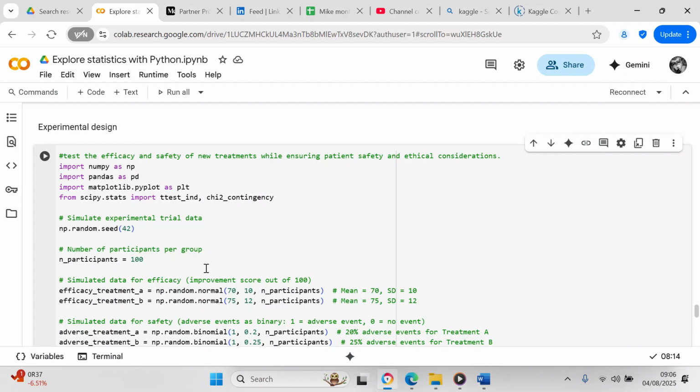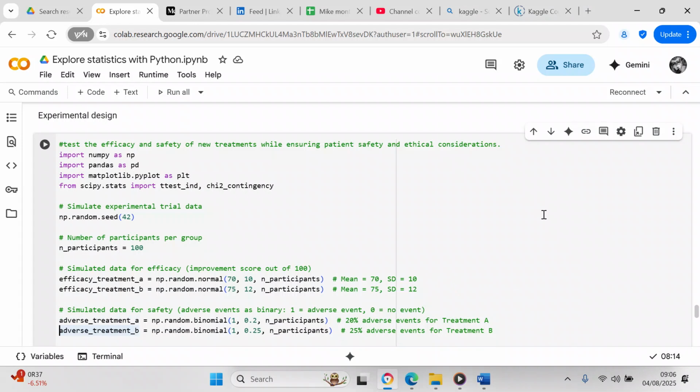The number of participants in the group is 100. Now we're going to simulate the efficacy, which is the improvement score out of 100. So efficacy_treatment_A equals np.random.normal(70, 10, n_participants). Basically it's going to make a normal distribution that has a mean of 70, a standard deviation of 10, and the number of participants, which is the sample size, is 100.